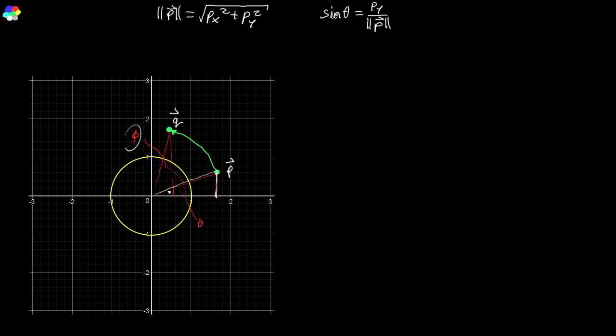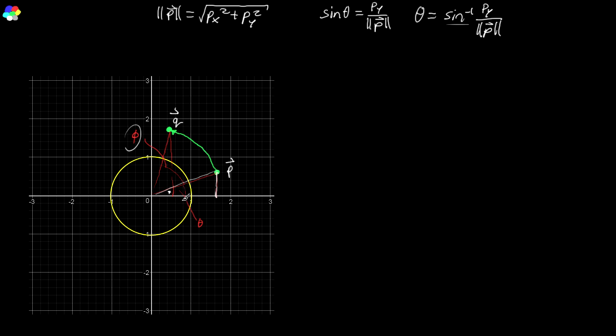So, rewriting that, we get sine theta equals Py over the length of P. Now we can take the arcsine of both sides of this, and the arcsine of sine theta is just theta, so theta is equal to the arcsine of Py over the hypotenuse. And now we have theta.